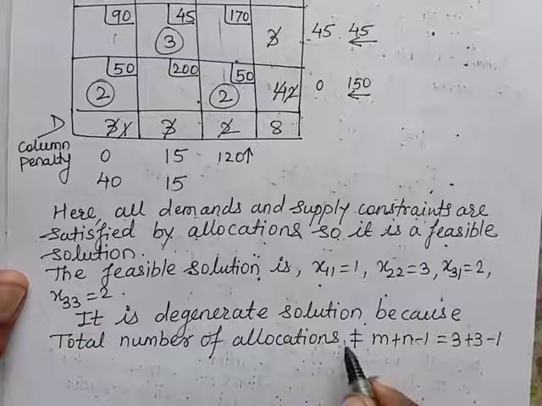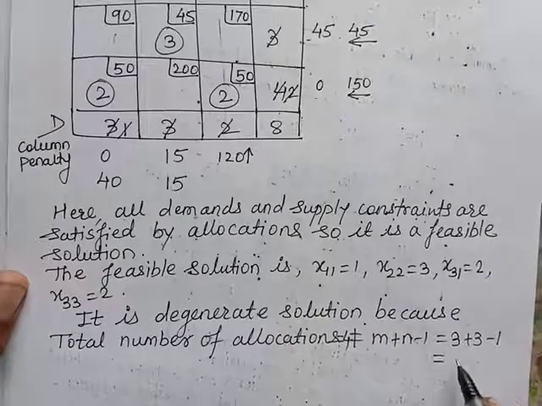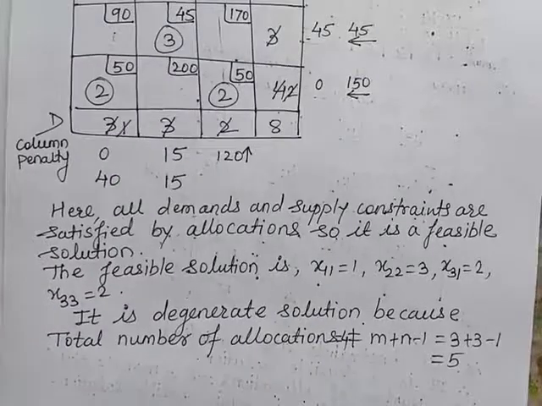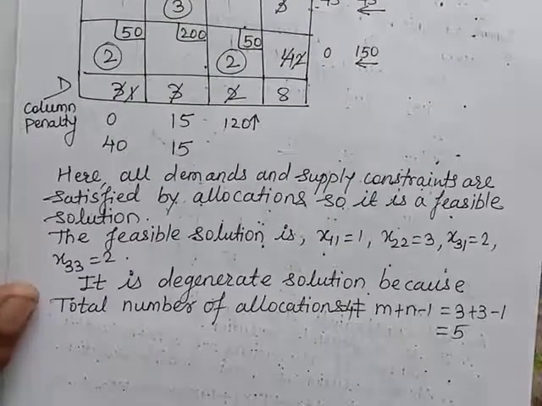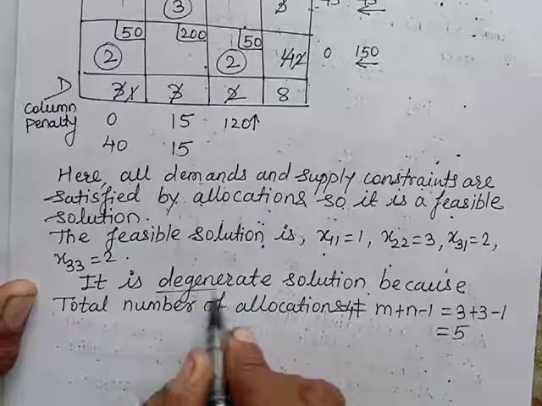Total number of allocations are how much? 4, and that is not equal to this. This is what? 5. So due to that this is degenerate.